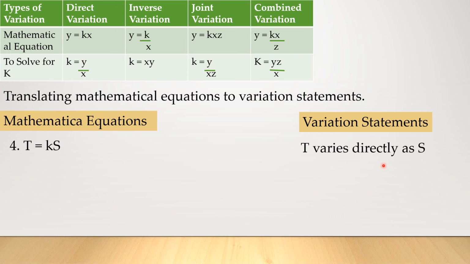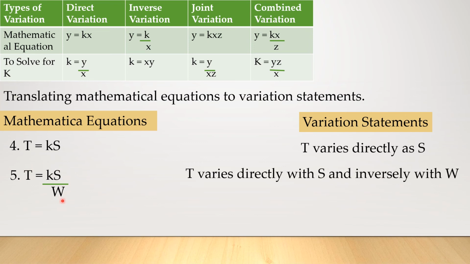Okay? Now, we have here T is equal to K times S over W. For the first one, up to K times S, this is direct variation. And divided by W, that is inverse, which means this is now combined variation.